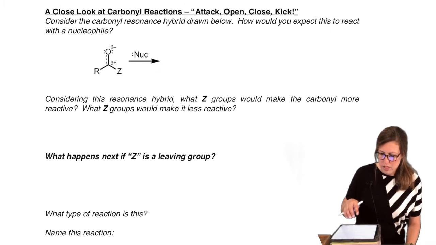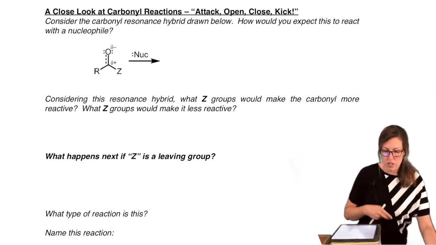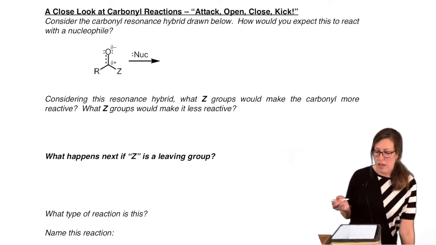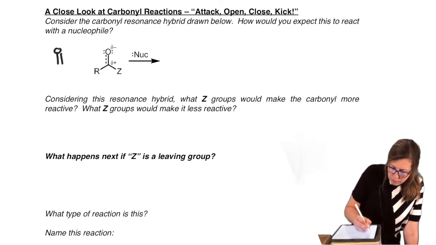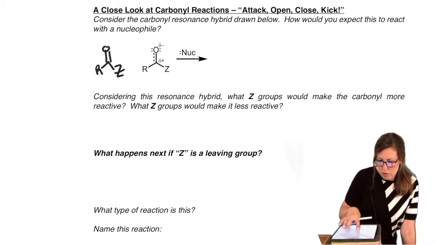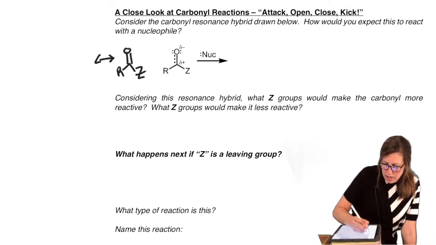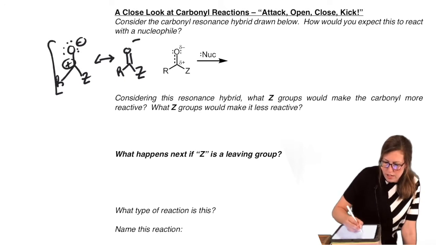Okay. So we're going to learn and revisit mechanisms we knew before and how this changes when we have different Z groups attached. So remember, this is our generic template for a carboxylic acid derivative where Z is the variable, and if you were to draw resonance structures for it, we would have the purely isolated charges to illustrate that dipole nature.